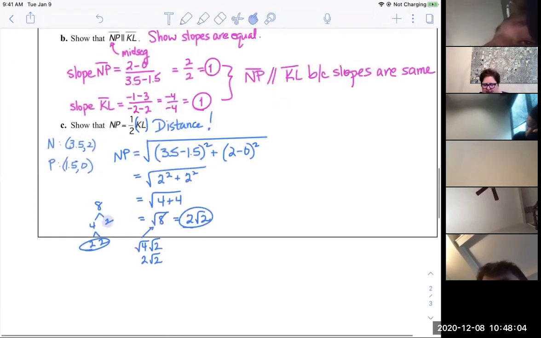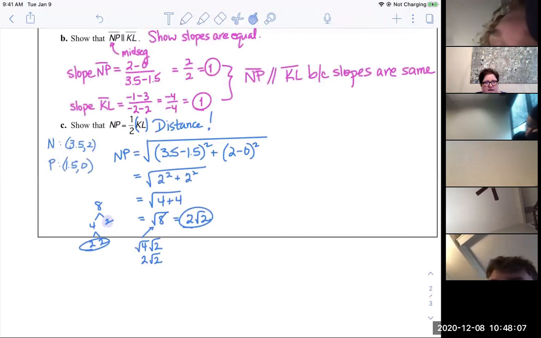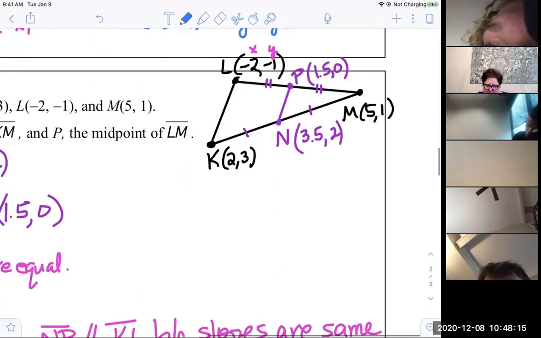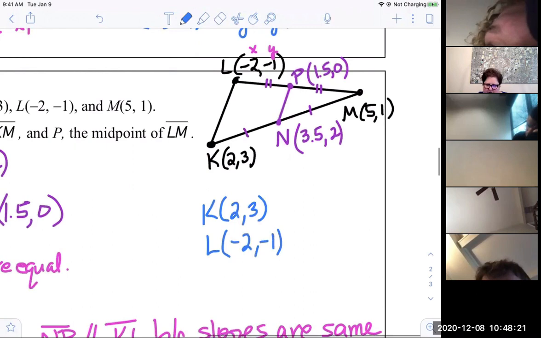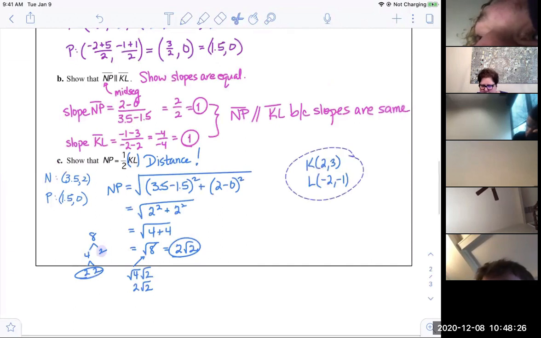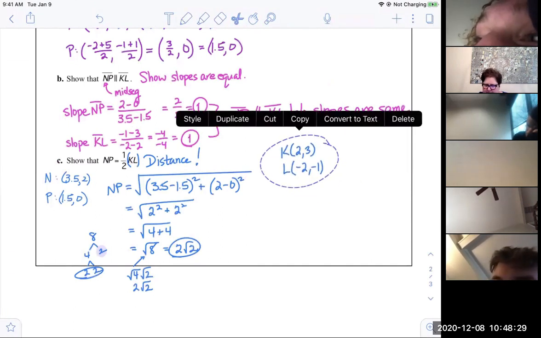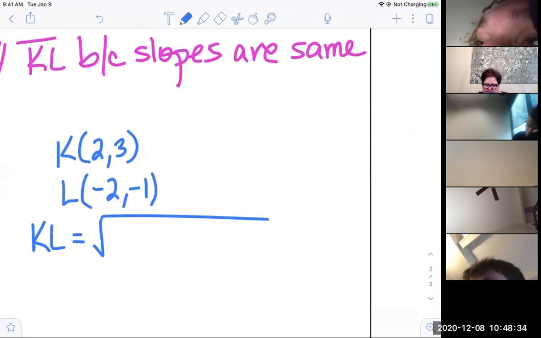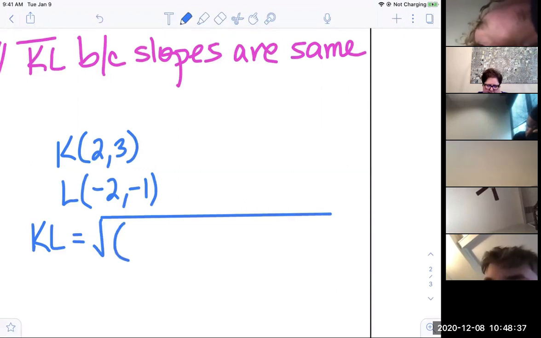If we're supposed to show that that's half the length of KL, then think about what that should mean KL's length is. Okay, so K was... I'm going to copy these down so I don't have to scroll. L was the point -2, -1. Okay, there's K and there's L. So KL, square root of change in the x would be 2 minus -2, which is 2 plus 2, and then 3 minus -1.